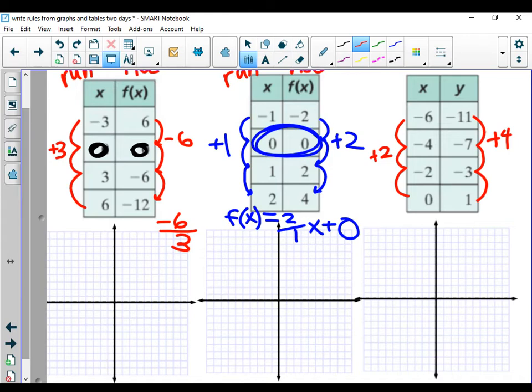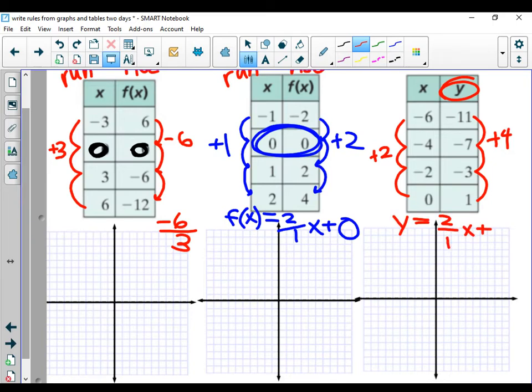Listen to this. Rise 4, run 2. It could be 2. Hey, did you see he switched to Y on that one? Tricky, the card says. Y equals 2 over 1 x plus.